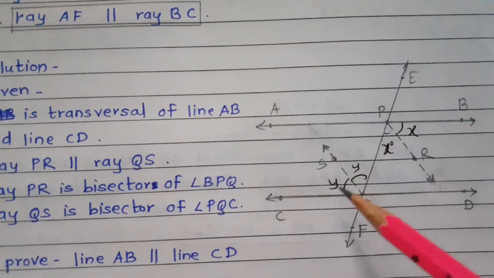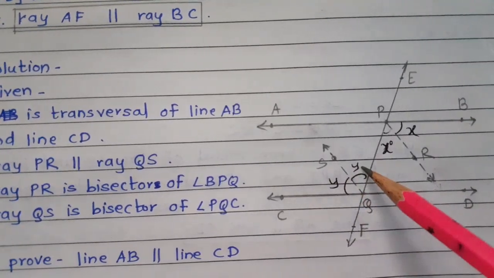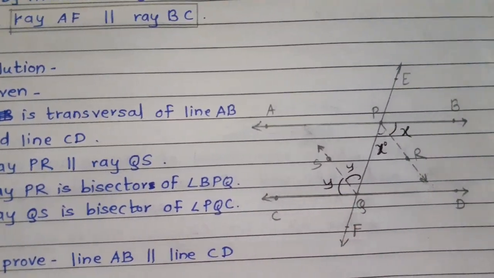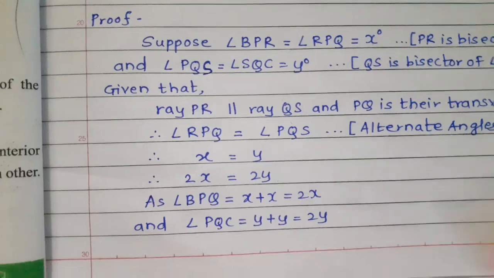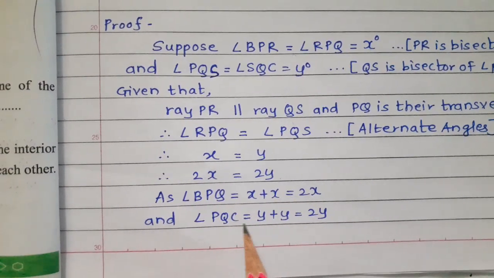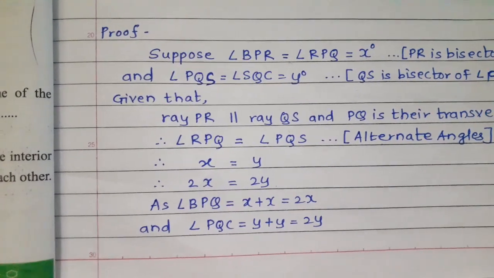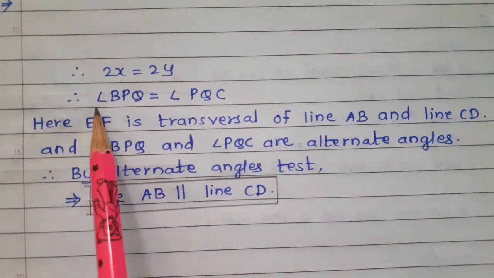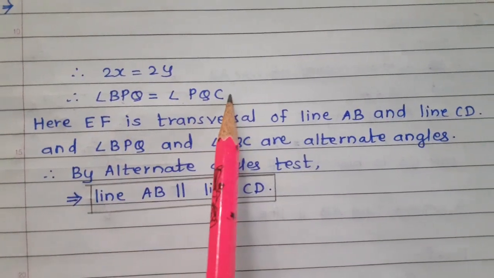Same when we have 2y, that means y plus y, and then we have the whole angle PQC. As angle BPQ is equal to x plus x, which is 2x, and angle PQC is equal to y plus y, which is 2y, therefore 2x is equal to 2y. Therefore angle BPQ is equal to angle PQC.